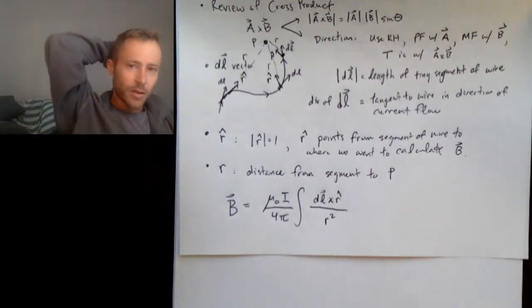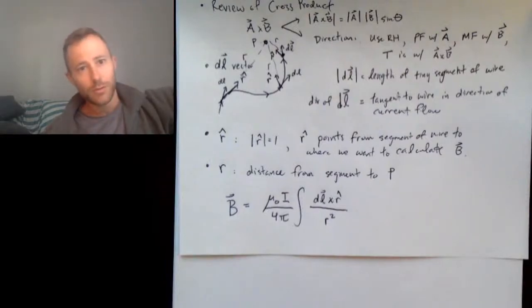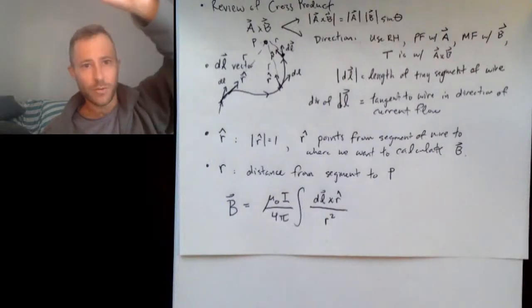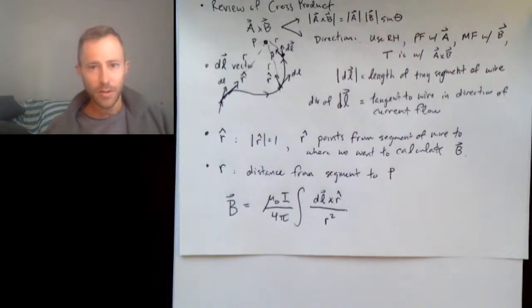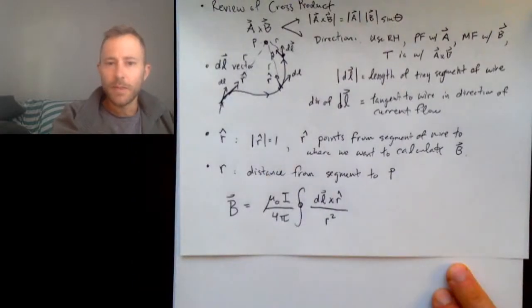And now because wires are typically loops, if you're going to have current flow, the current flow can't just stop. It's a loop going around the wire. We usually put a circle on this integral.